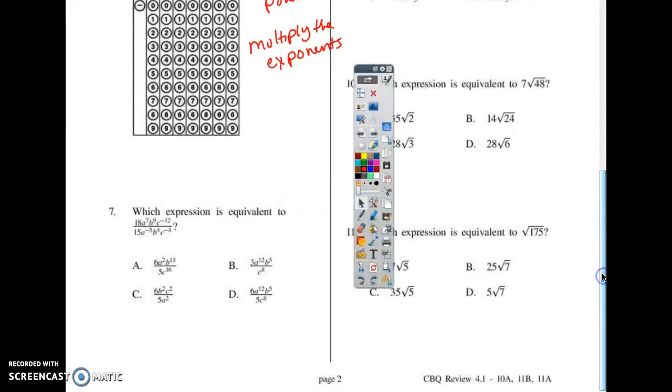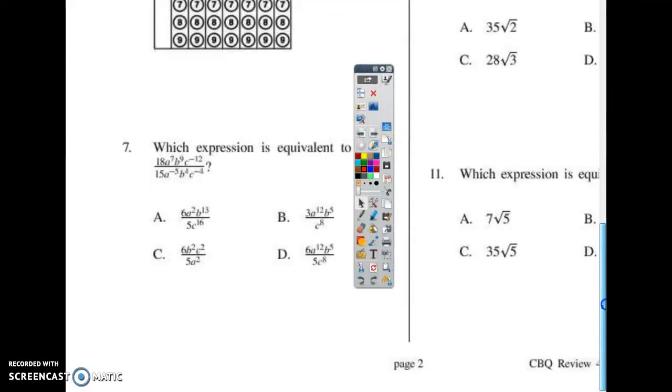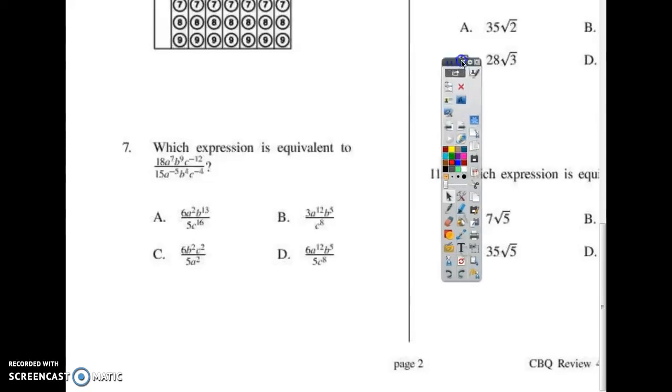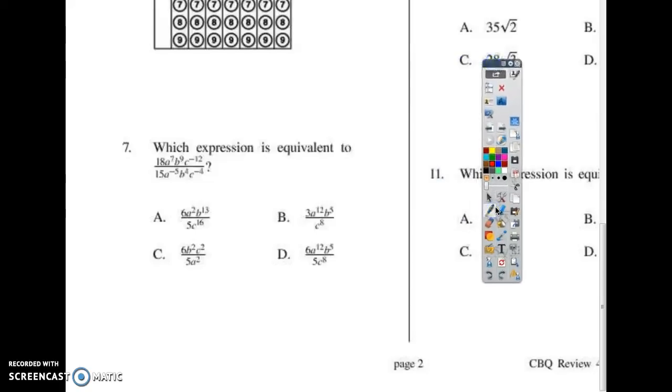Number 7. Let me make this one bigger. Okay, this is like what we did yesterday with negative exponents. So let's draw our line. We have to move stuff, right? So the 18 stays on top, 15 stays on bottom. A to the 7, does it stay or go?